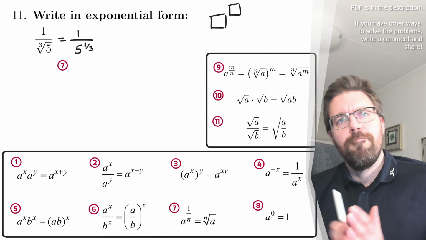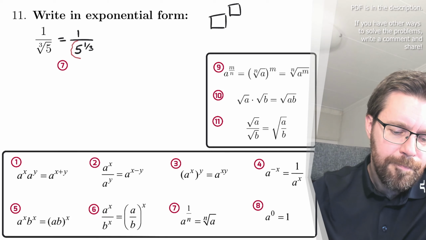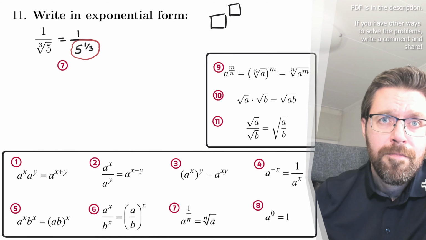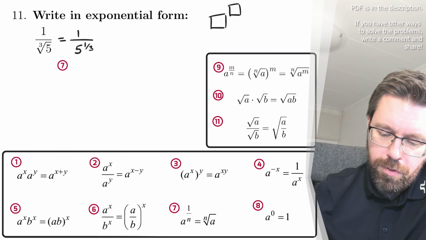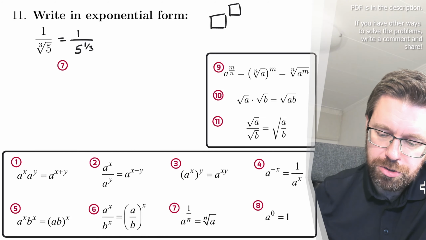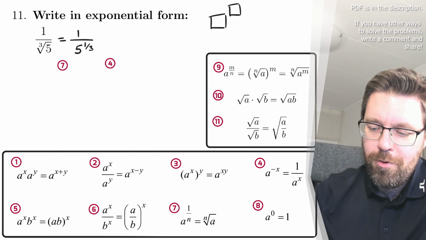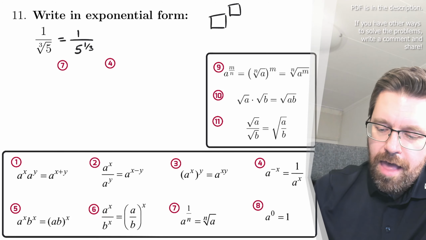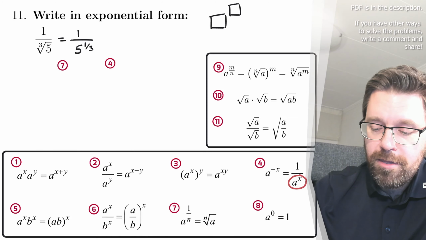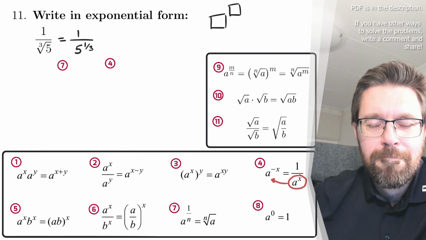And we are not done yet. We have to move this power here from the denominator, and you can do it with rule number 4. Yes, because rule number 4, if you're going from right to left, means that you can move a whole power up from the denominator if you change the sign in the exponent.